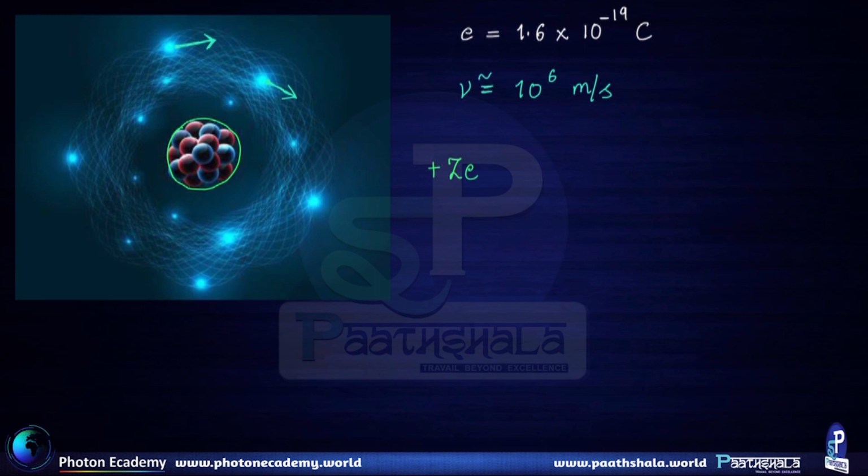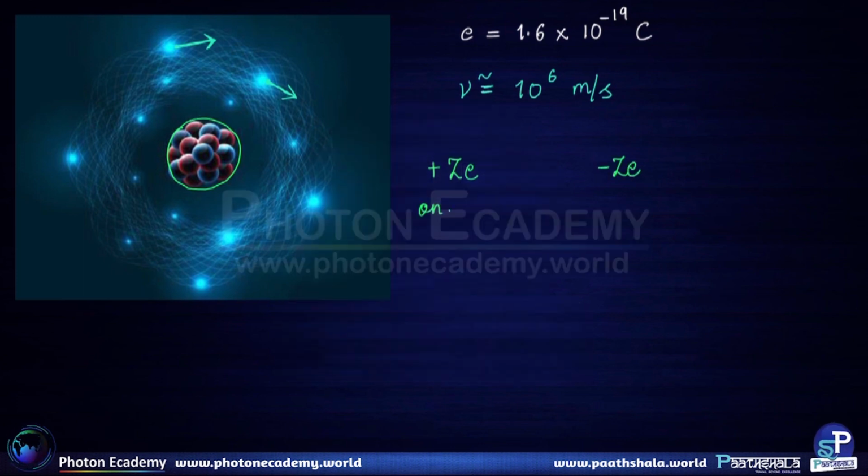The net charge that is present on the nucleus is plus Ze, because Z is the number of protons and e is the charge of each proton. So on the nucleus plus Ze charge is present, whereas on the electron cloud minus Ze charge is present.